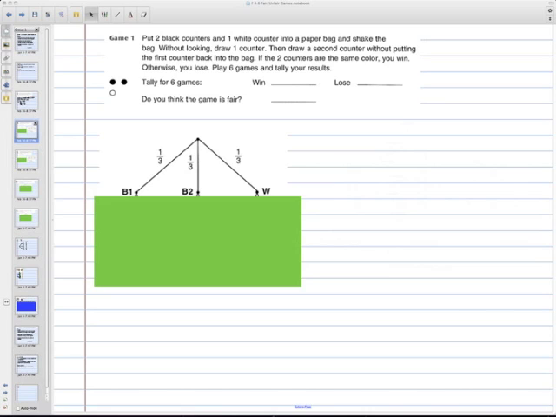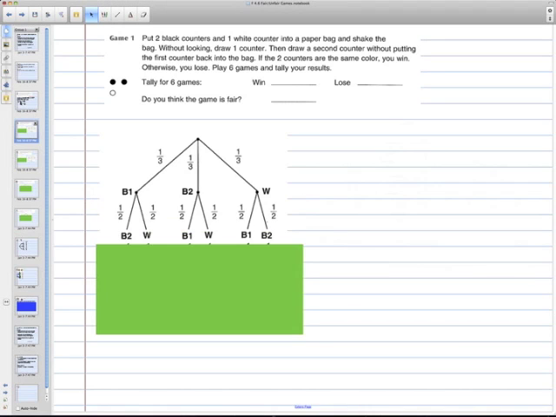Another way to look at the data is to put it into a tree diagram. So you can see the 3 outcomes, the black 1 counter, black 2 counter, and white counter outcomes. And since there's 3 outcomes, that's our denominator, and 1 is our favorite outcome, whether it's black 1, black 2, or white. Then you can see that we have 2 outcomes left in the bag.